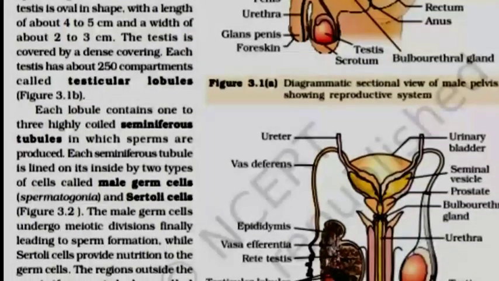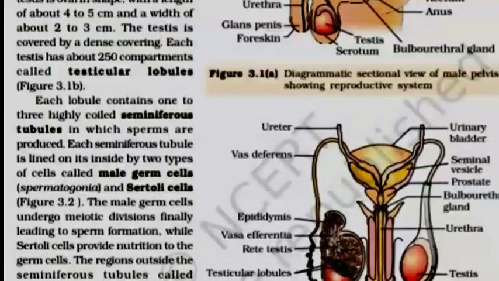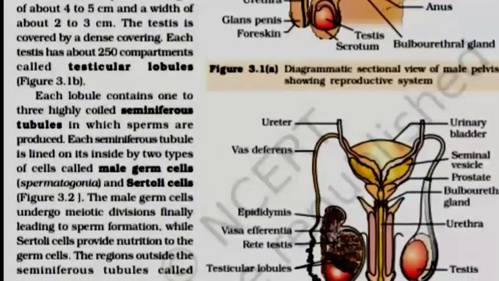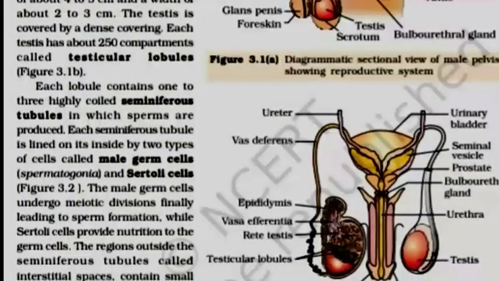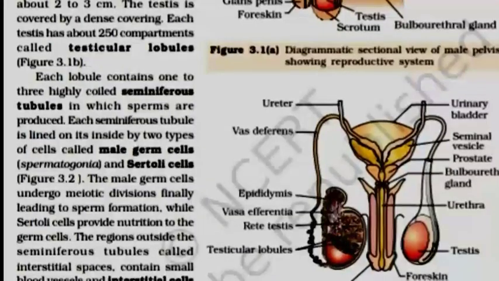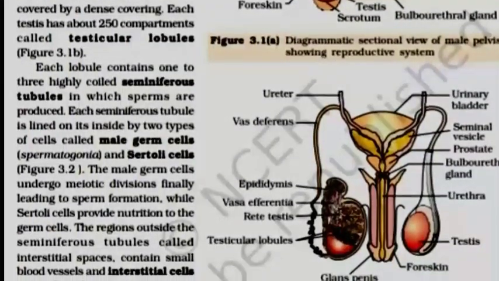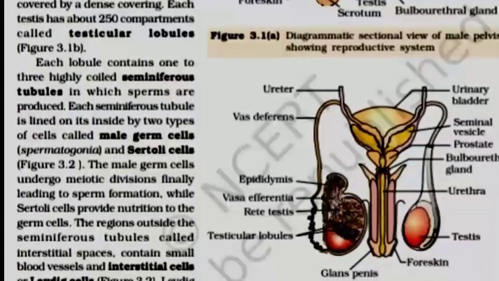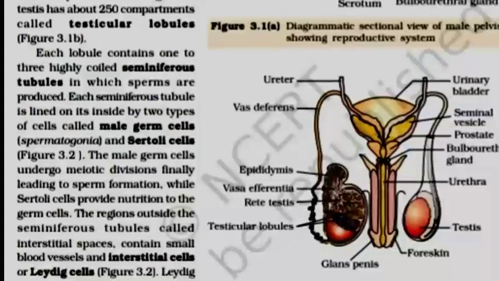Each seminiferous tubule is lined on its inside by two types of cells called male germ cells, spermatogonia, and Sertoli cells. The male germ cells undergo meiotic division, finally leading to sperm formation, while Sertoli cells provide nutrition to the germ cells.